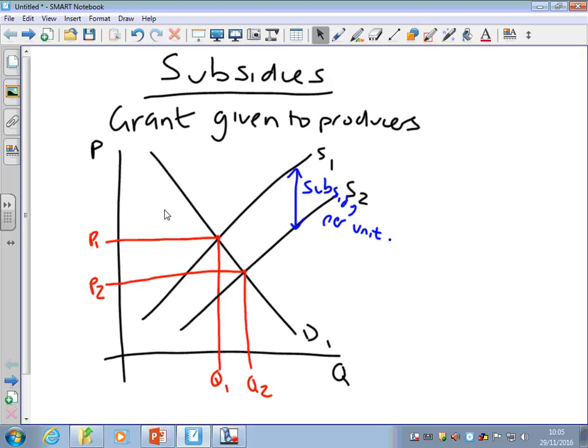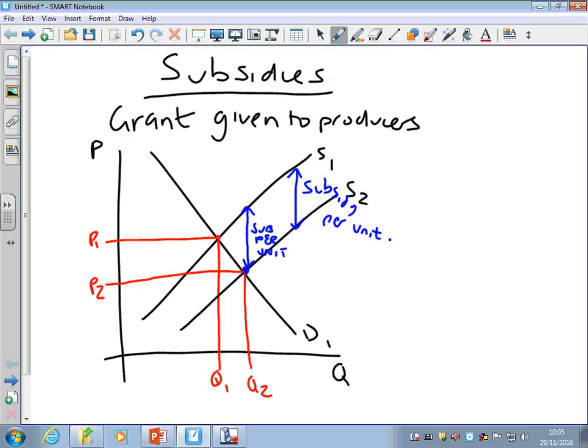Okay, now if we wanted to know how much the subsidy will cost the government, all we do is think about what the government has promised. We're at this equilibrium point, and we get the subsidy per unit. Let's write it down again. So for every one that we sell, that is what we're being promised.